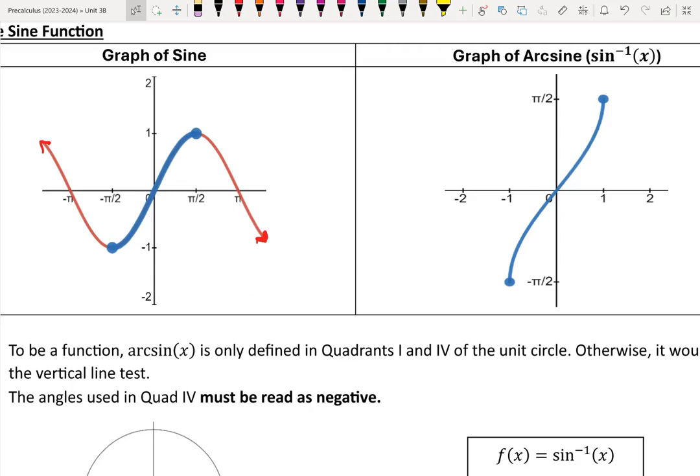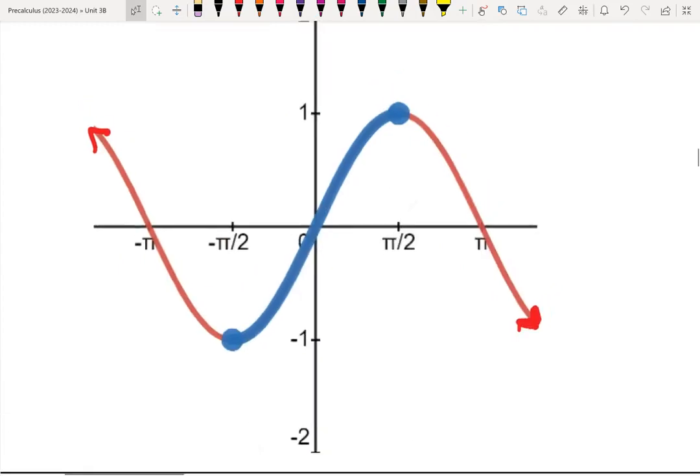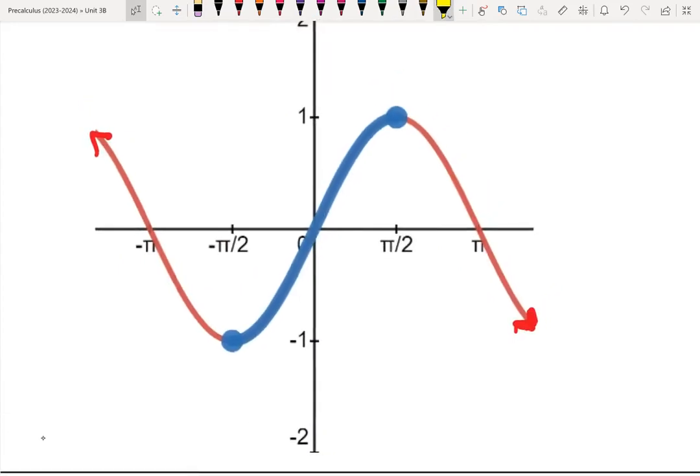It's just that little chunk. And looking at sine, what x values is this chunk going from? Negative pi over 2 to pi over 2, right?